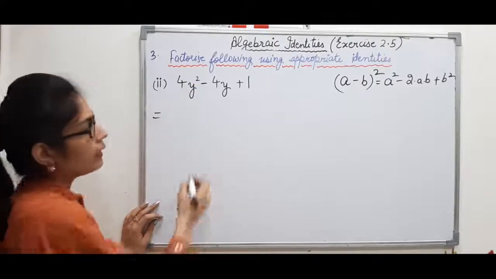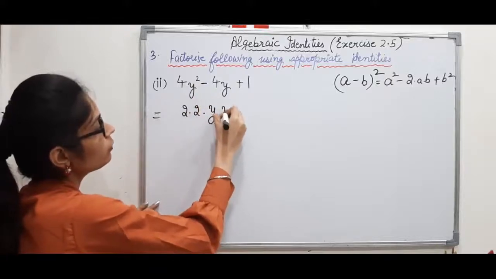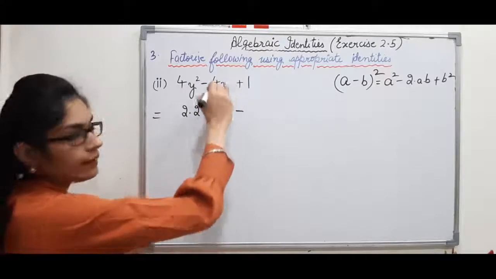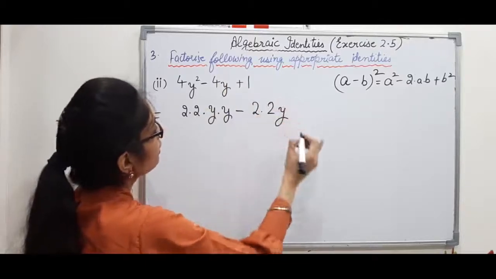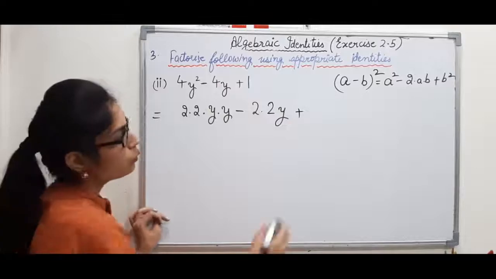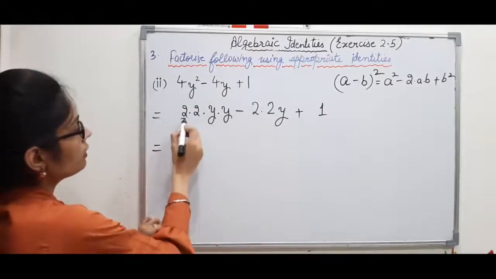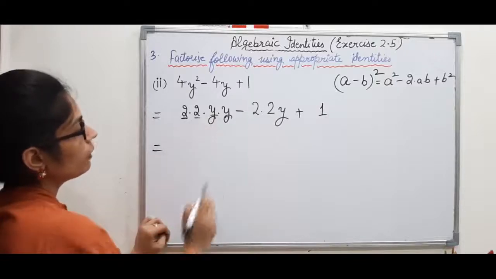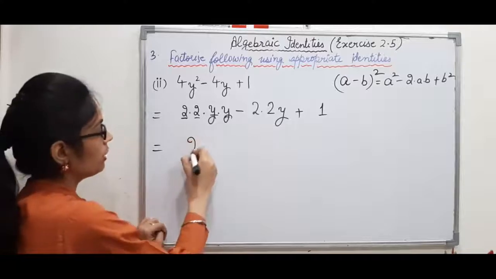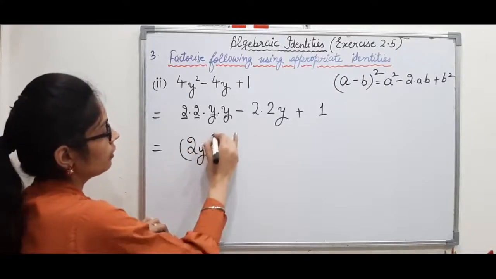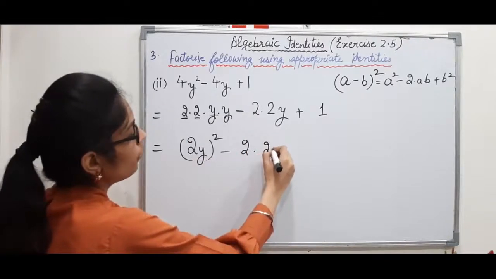So 4 we can write as 2 into 2 and y square we can write as y into y. Again this 4 we can write 2 into 2, y we can write as it is, 1. So 1 as it is we can write. So now here you can see 2y, 2 times, 2 is also there 2 times and y is also there 2 times. So we can write 2y whole square minus this we can write as it is 2 into 2y.